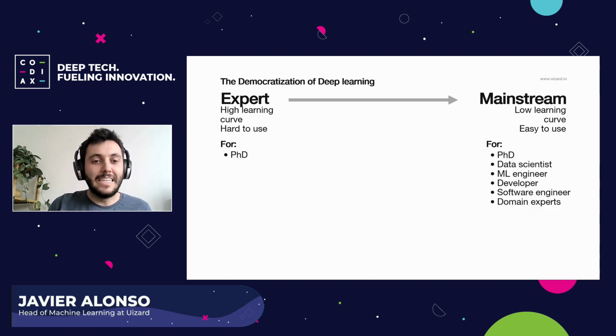So again, this expert tooling that is currently used by PhDs and hardcore engineers is now democratized so that any data scientist, any engineer, even domain experts with a little bit of coding experience can develop state-of-the-art deep learning models to some extent.